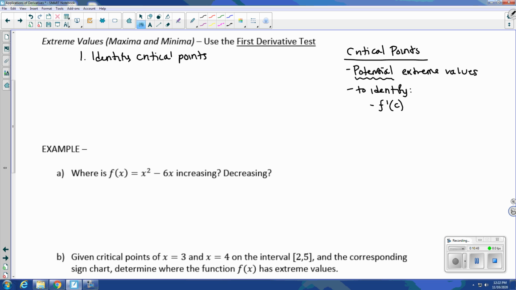Because that's where I'll have horizontal tangents, and that's where I could potentially have a max or a min. The second thing, check your endpoints. We'll just say consider endpoints. So endpoints are automatically critical points, but only if we have a bounded interval.